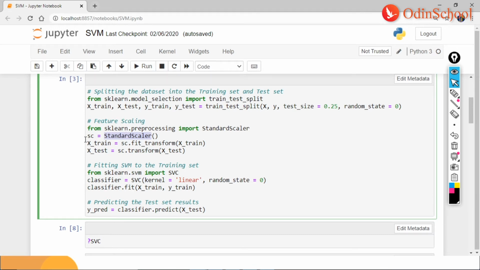So in my feature scaling, I'm pushing this into a variable which is sc, and then I'm training my model, and then I'm using fit transform, passing my x train into it. The same is the step that I'm doing for test as well.